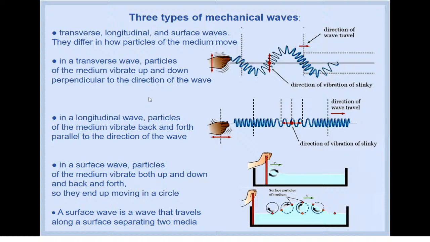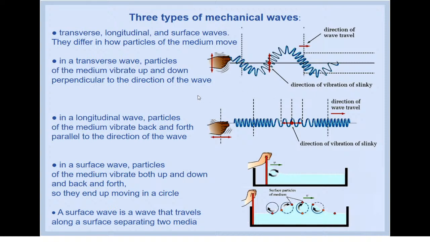Transverse, longitudinal, and surface waves are three types of mechanical waves recognized. In a transverse wave, particles of the medium vibrate up and down perpendicular to the direction of the wave. You can see this kind of the mechanical wave.